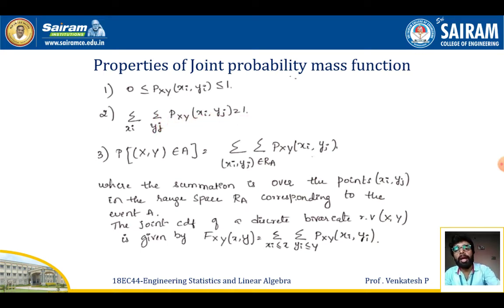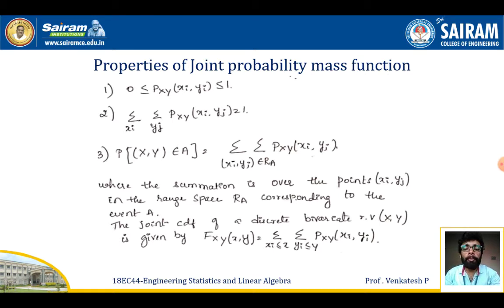Next, the probability that the random variables x comma y belong to some event capital A is equal to the summation of P of x comma y over the points xi comma yj in the range space Ra corresponding to the event A.